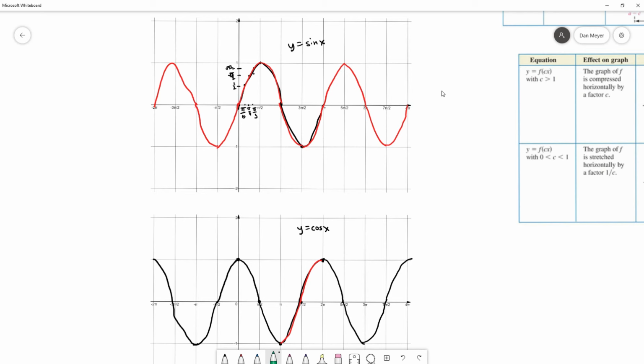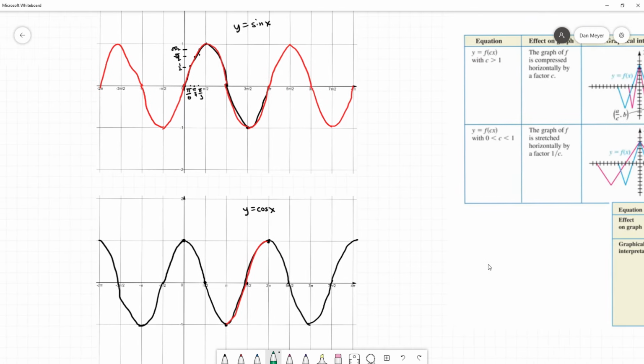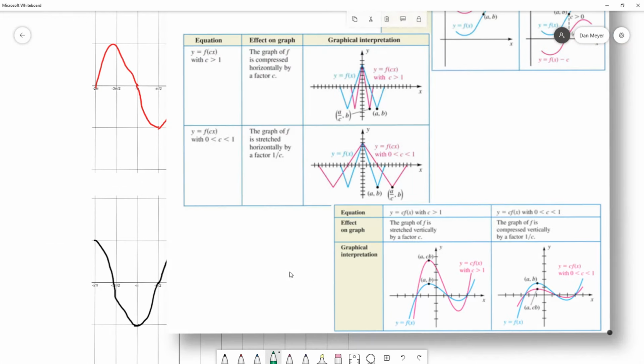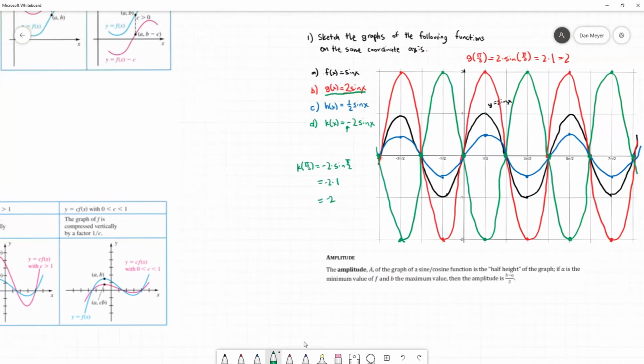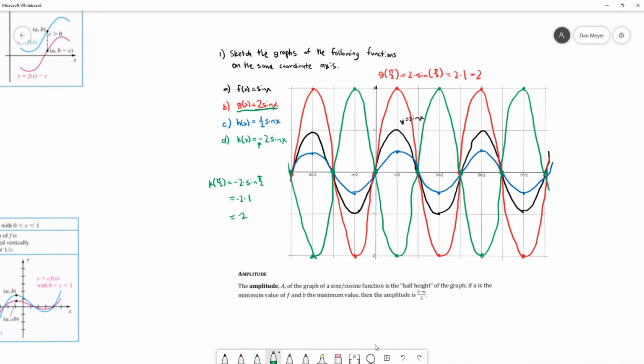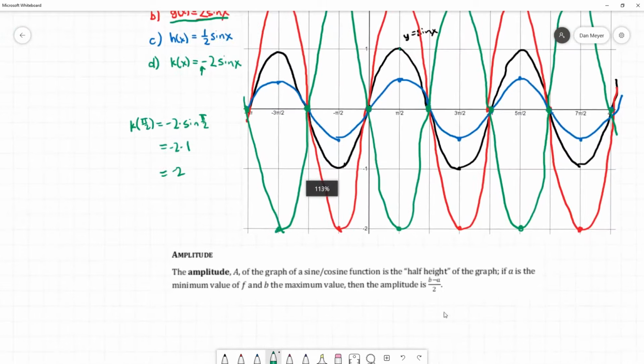Whereas these two graphs just kind of stay in the pocket. They're in that negative 1 to positive 1 pocket. Okay, and so for these graphs, we have this new idea of what's called amplitude, for a sine or cosine function.